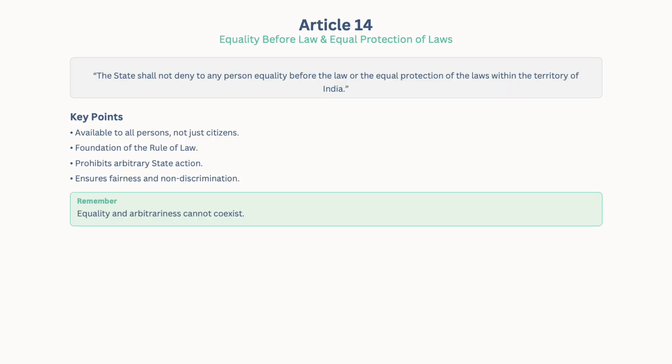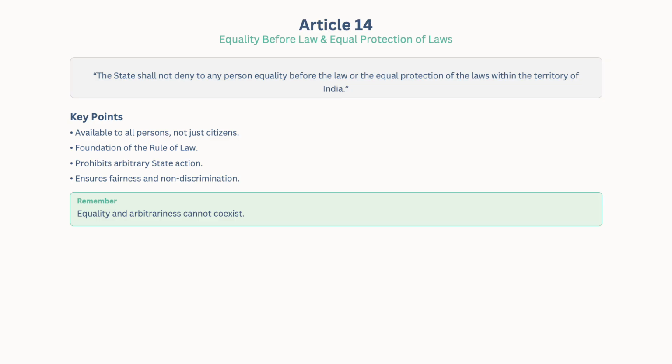Now, let's look at Article 14, equality before law and equal protection of laws. It's available to everyone, not just Indian citizens. I mentioned that the articles available to only Indian citizens are Article 15, Article 16, and can you guys remember? Article 19, Article 29, and Article 30.